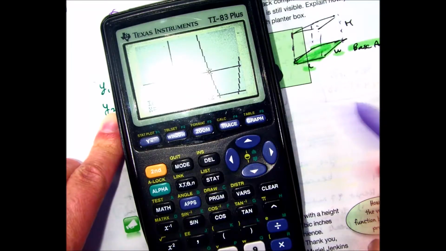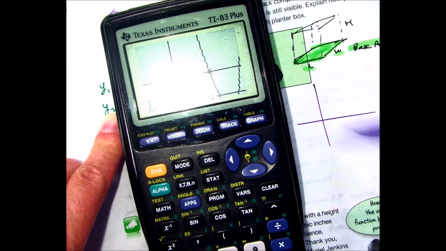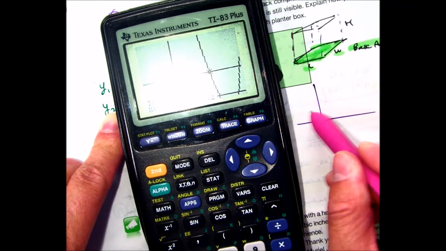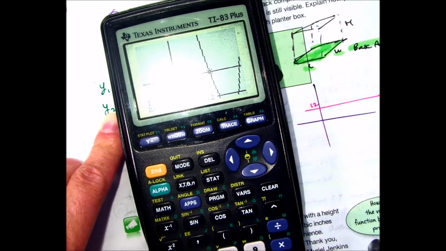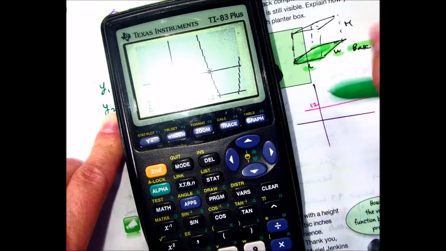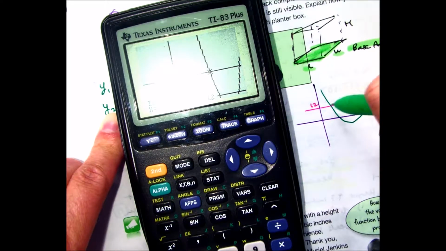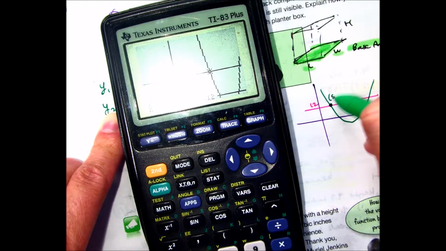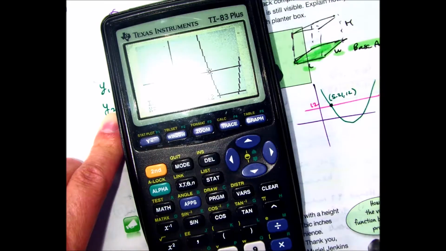So let's make a sketch of the graph. Something like this. That was 12. Different color. Graph's looking something like this. So this ordered pair is 5.21, comma 12. And let's go ahead and find that one.